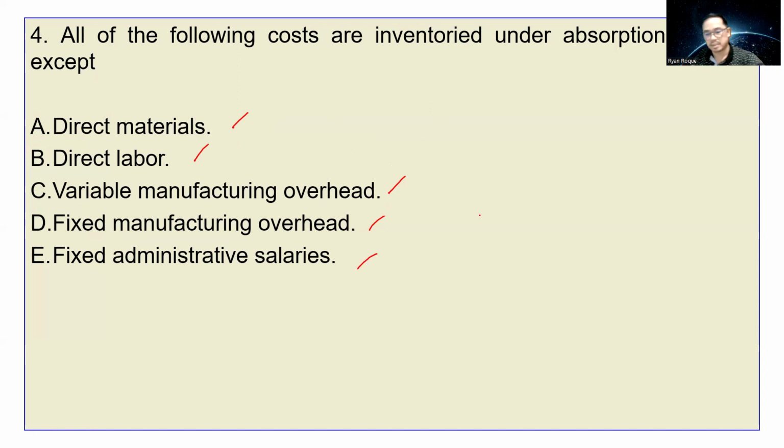So the answer is letter E. Under absorption, your A, B, C, and D, all of these are product costs or inventoriable costs. But when we are asked if this is under variable costing, only A, B, and C are inventoried. D and E are both not inventoried. But since we are asked for absorption, the answer would be letter E.